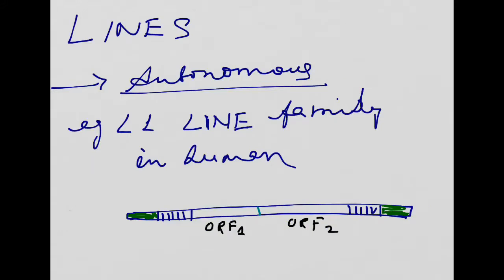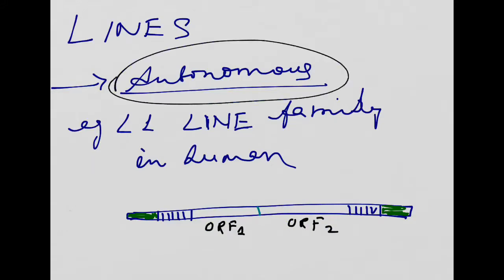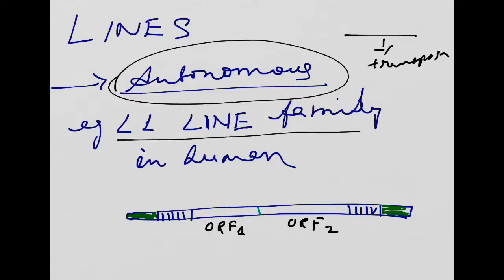LINEs are the autonomous type of retrotransposons. That means they will have their own gene coding for the enzyme needed, and they will move by a replicative process. An example is the L1 LINE family in humans.